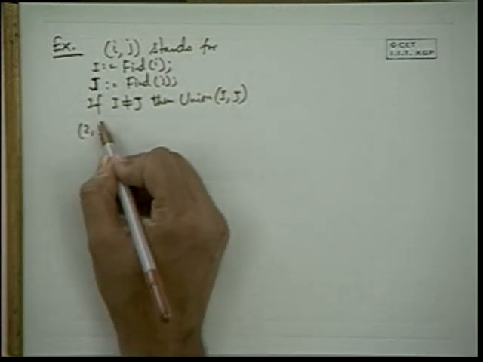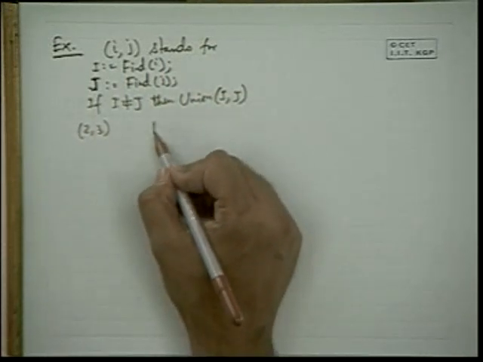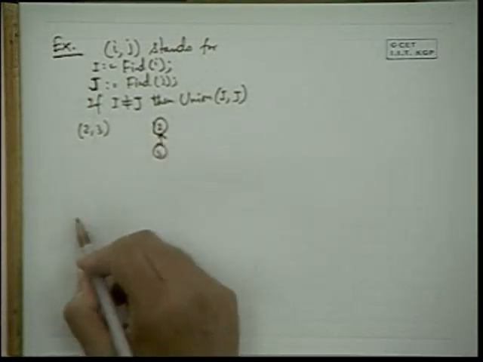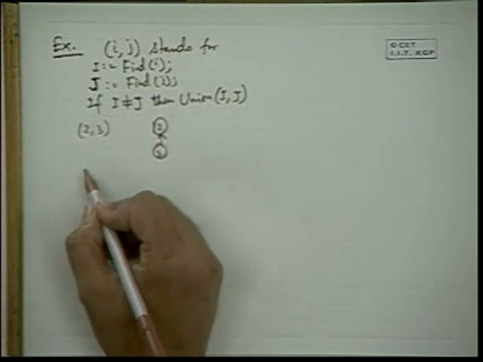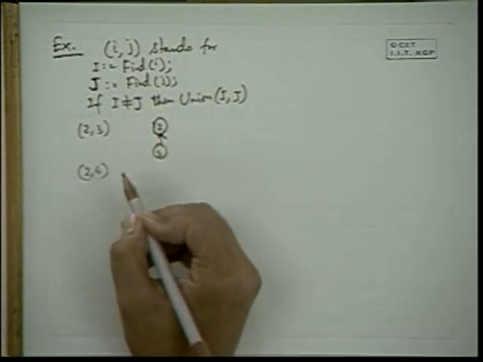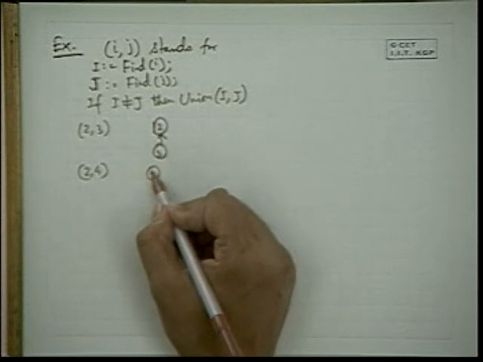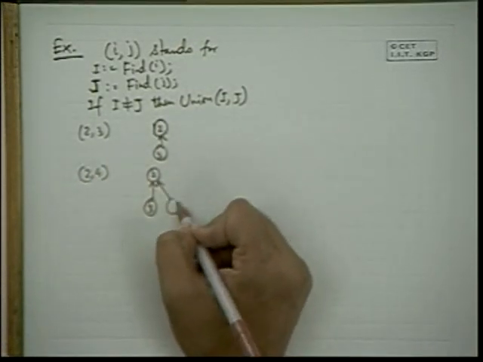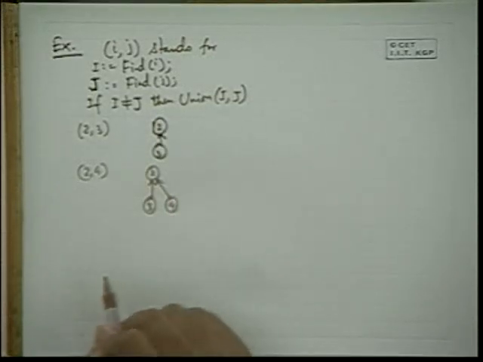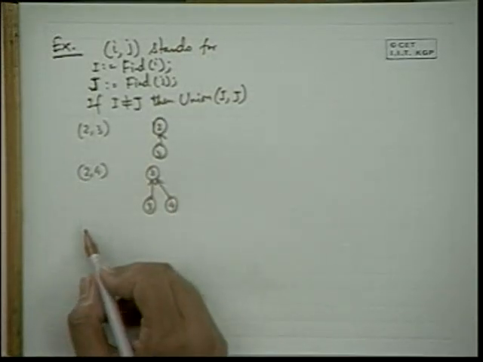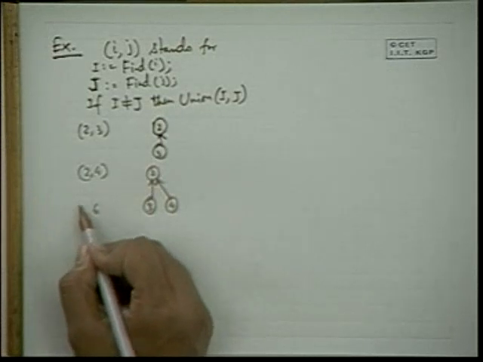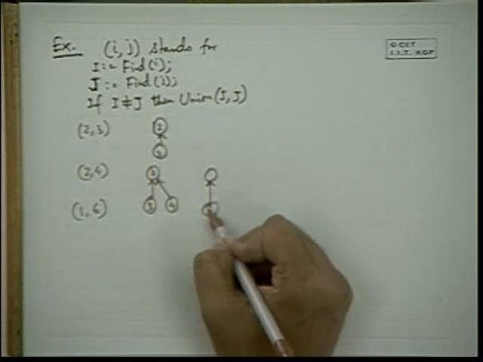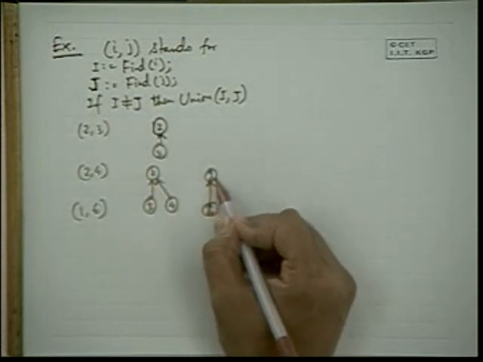Suppose I have 2, 3. Initially 3 will point to set 2. Then suppose 4 comes, and 4's pointer will be on 2. Then say 1, 6: this will have another tree, where 6 points to 1.